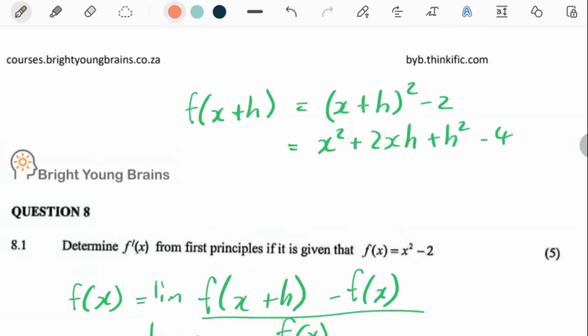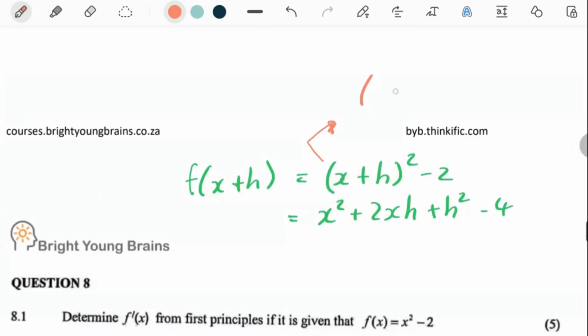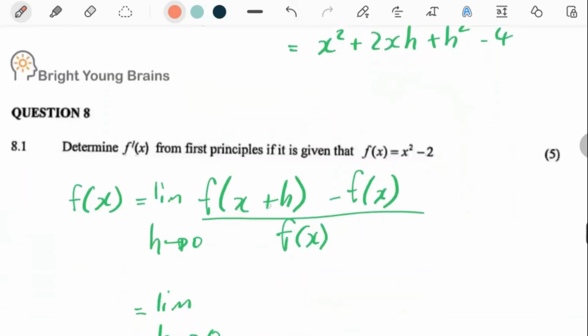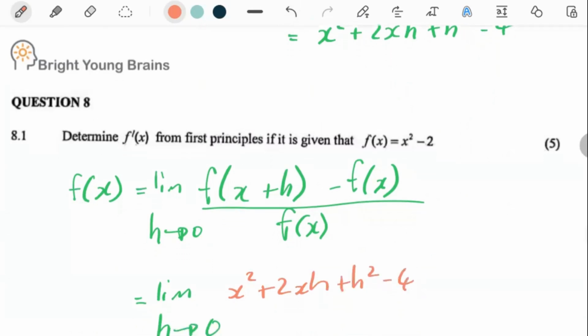If you multiply out this bracket, x times x would give us x squared, x times h would give us xh, and then x times h again gives us another xh, and then h times h gives us h squared. So this is what's going to go here, which is just x squared plus 2xh plus h squared minus 4.